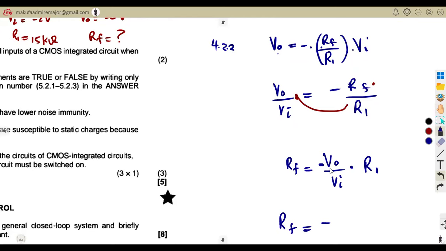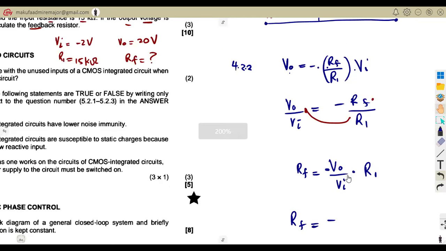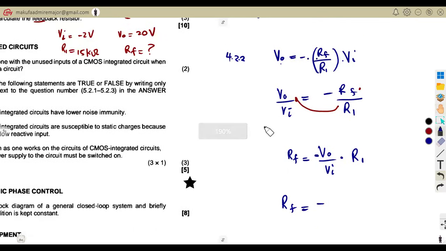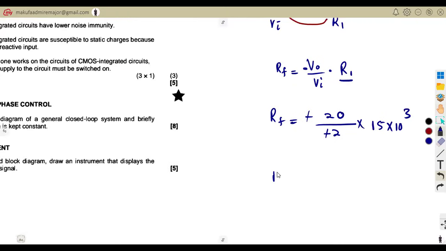So that's minus Vout, and we just have to substitute our values. The output is 20 over the input, which is minus 2, so the negative and negative are going to cancel there. Times Rin, which at the input we are given as 15 kilo ohms, or 15 times 10 to the exponent of 3. That gives us RF. This part here represents a kilo, so just multiply 20 over 2 times 15, which is 150.